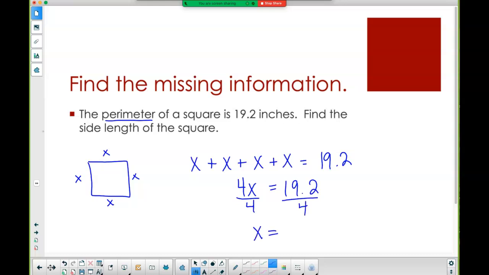What's 19.2 divided by 4? Go ahead, Crystal. 4.8. So each side is 4.8 inches. Okay, questions there? Okay, let's look at the next one.